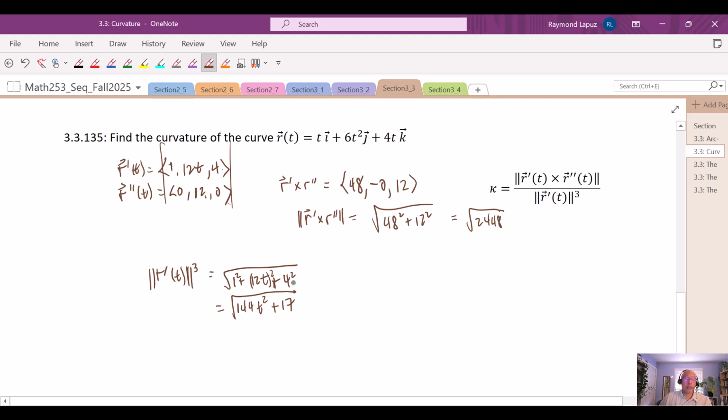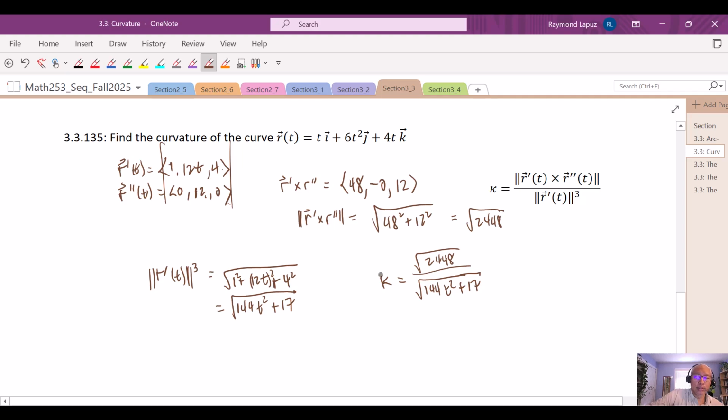So we have a function of t here, which means it's not a constant curvature, which probably makes a lot of sense, because as you go along this curve, it'll be curving more at some points than others. So our kappa is going to be the square root of 2448 divided by the square root of 144t squared plus 17.